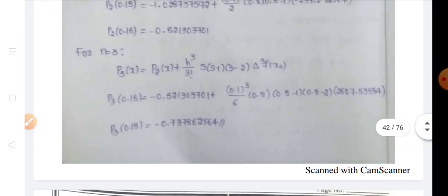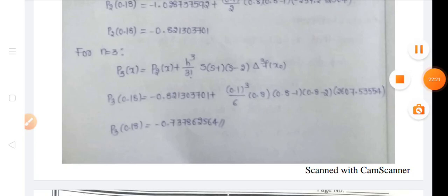for n is equal to 3, P3 of x is equal to P2 of x plus h cube by 3 factorial s into s minus 1 into s minus 2 delta cube f of x naught.